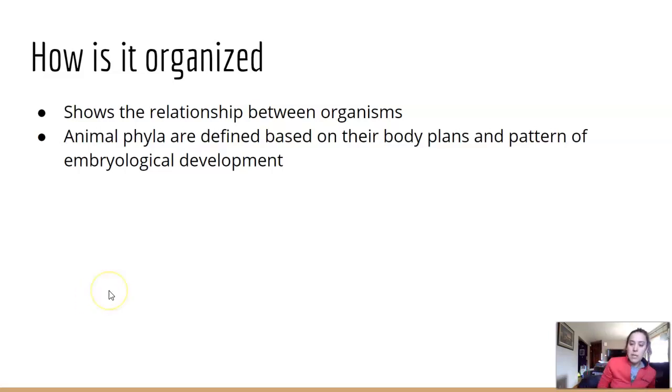So with Mr. Dean yesterday, you had listened to his video about body symmetry, germ layers, embryonic development, segmentation, things like that. But we're going to now put that into this cladogram and organize it into different categories, so you can see how they were formed or who they're most related to.